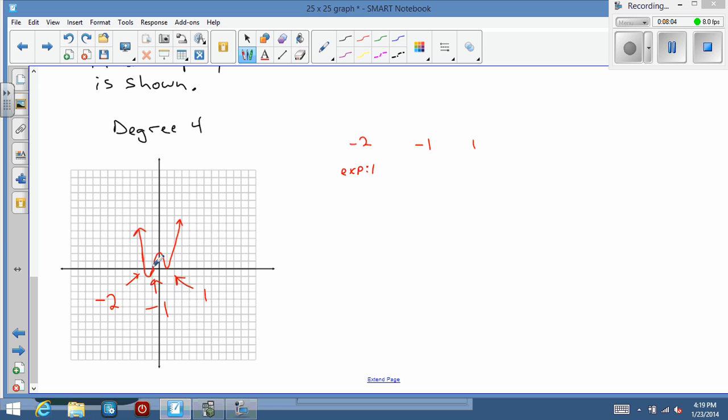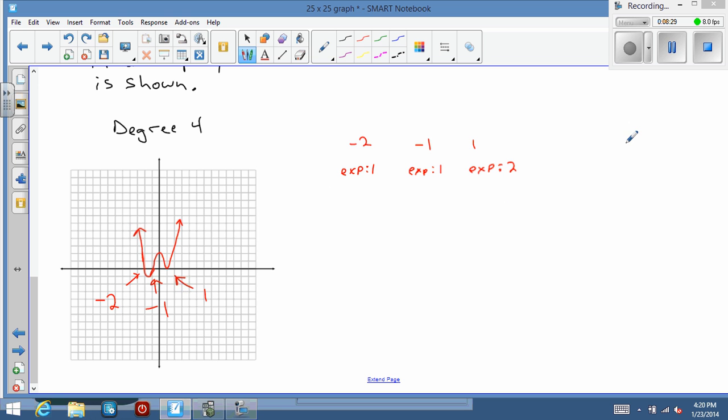I am also going straight through the negative 1. So again, that is linear, meaning the exponent will be 1. Now, on the 1, I am coming down and back up. So that's like a parabola type of look at that 0. So my exponent on that factor will be a 2.